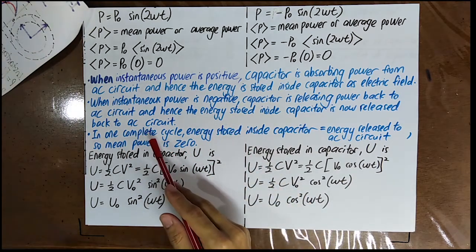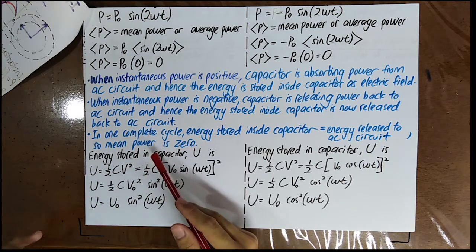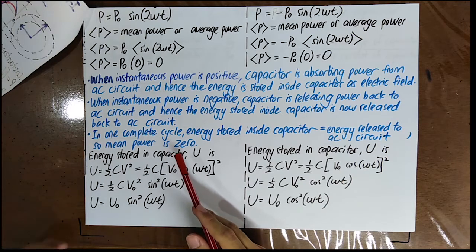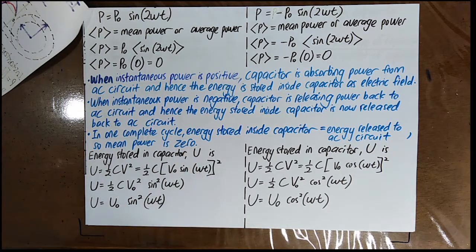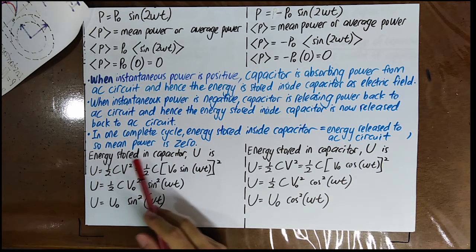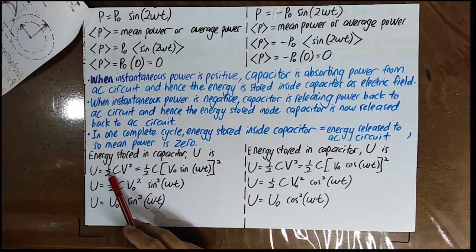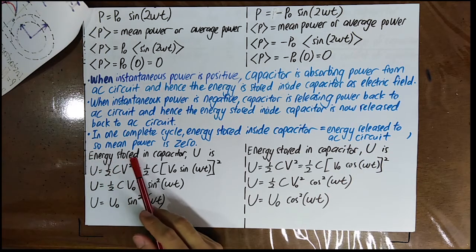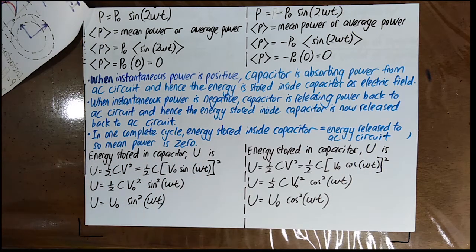So you know that there is no heat lost in the capacitor, because the mean power in the capacitor in an alternating current circuit is 0. Okay, so the energy stored in the capacitor is half CV squared. So when the V across the capacitor is maximum, the energy stored inside the capacitor is maximum.